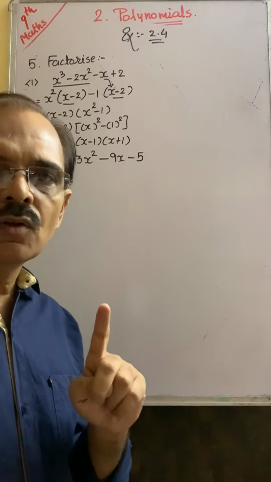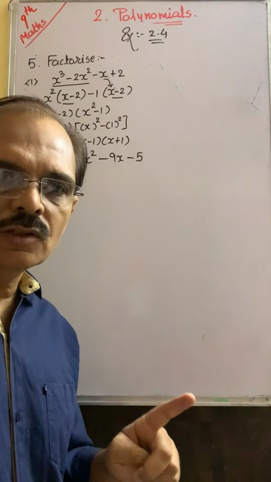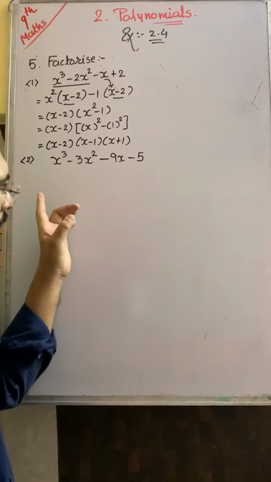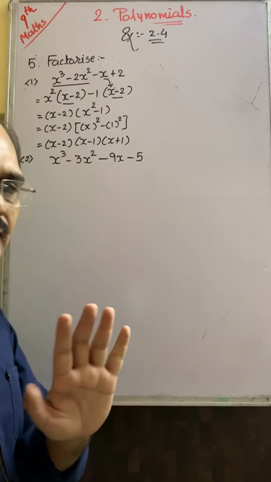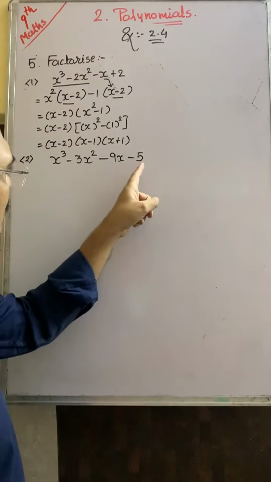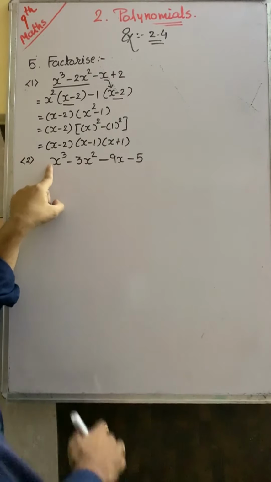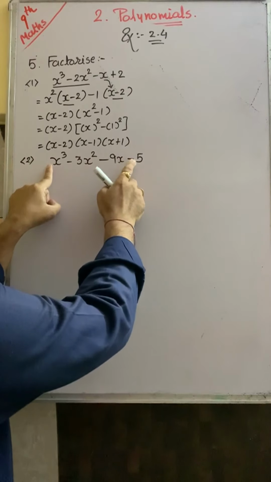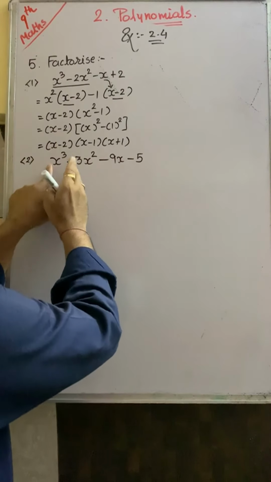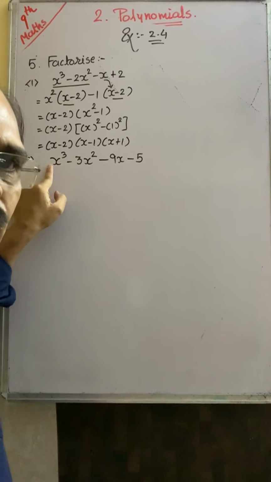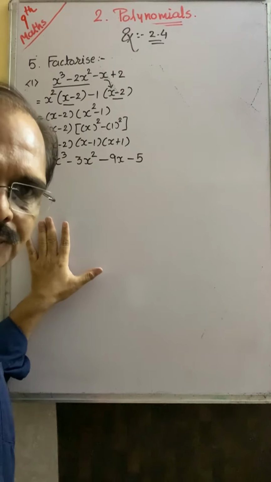If the sum of the coefficients of all the terms is 0, then x minus 1 is a factor. So apply this. No need to write, but apply this. Coefficients are 1 minus 3 minus 9 minus 5, which is never equal to 0. So x minus 1 is not a factor.